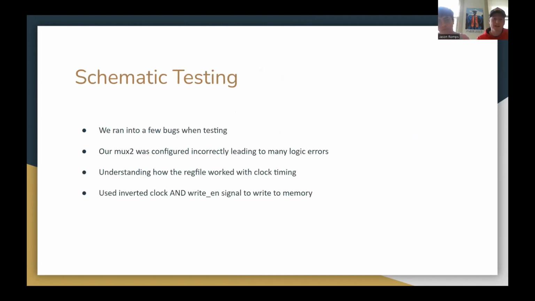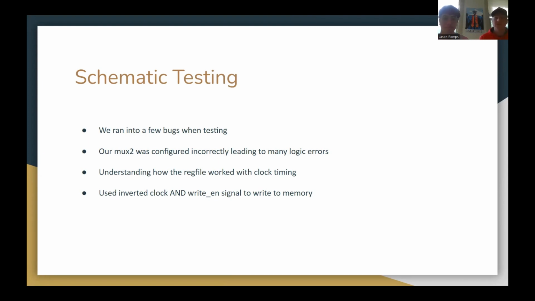In terms of schematic testing, we had a couple bugs that were mainly due to misunderstanding of the ALU and of the timing of the reg file and qreg. When it came to the ALU, we just didn't understand the logic unit that we were given and didn't know how to interact with it as a part of our design.